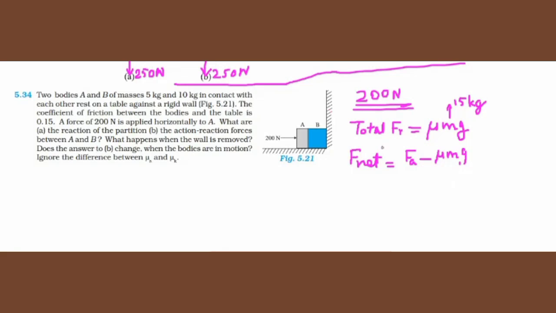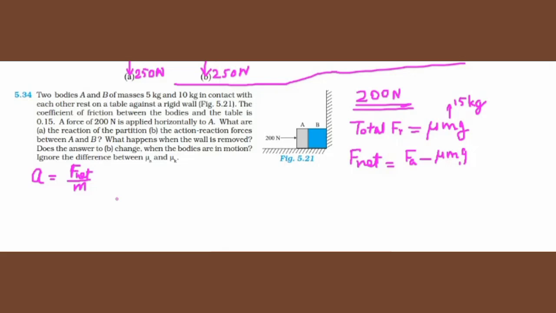Now you can calculate acceleration. Acceleration of the objects, A, is equal to F net divided by M. Again, I remind you, M you have to take as 50. So you get the acceleration of the objects.